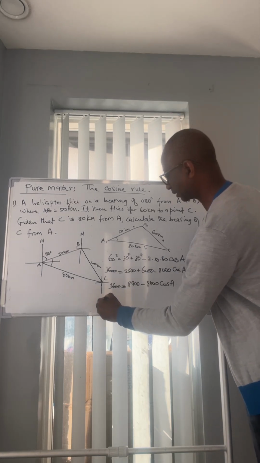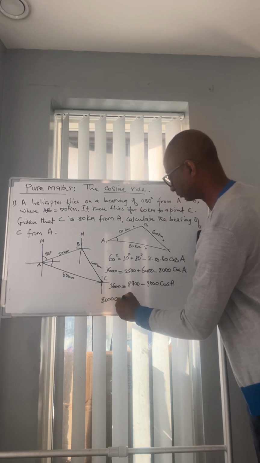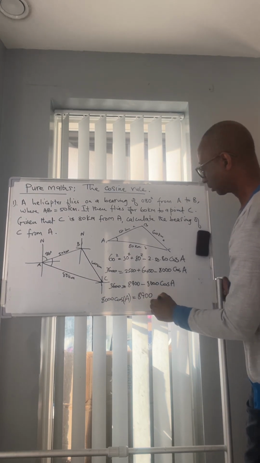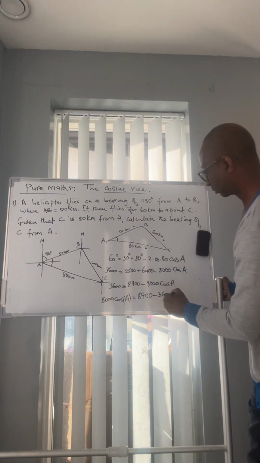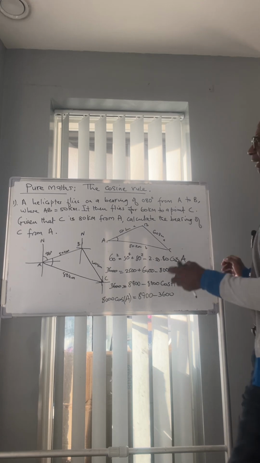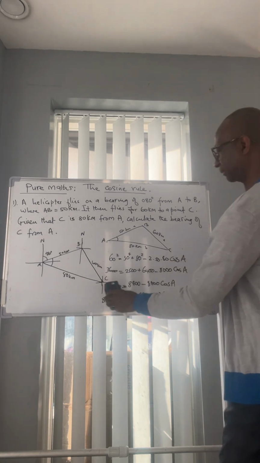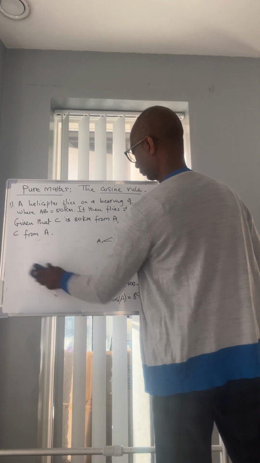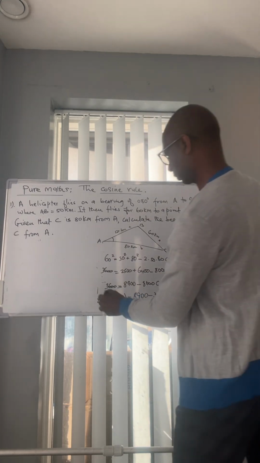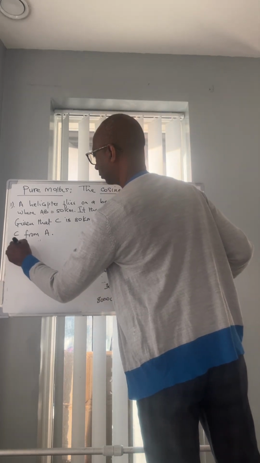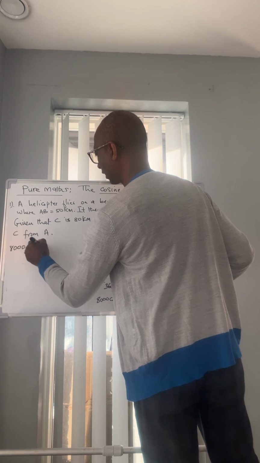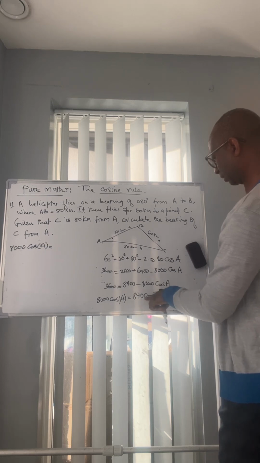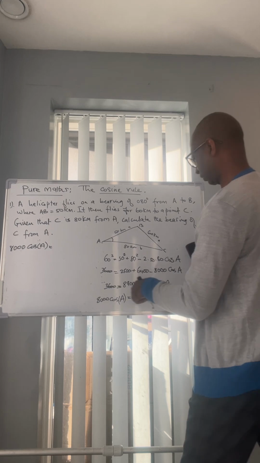So it's now 8000 cosine of A is equal to 8900 minus 3600, which is 5300.